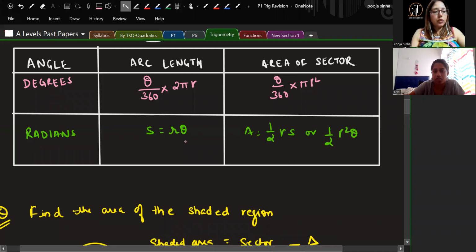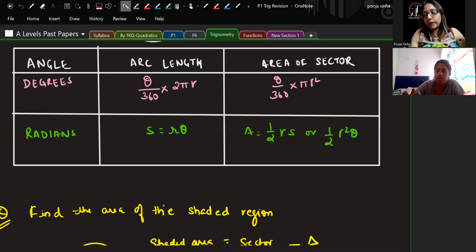Suppose that theta is 2 radians. Then what is the arc length? 2 radians times r, 2 r. If theta is 10 radians, then what is the arc length? 10 r.